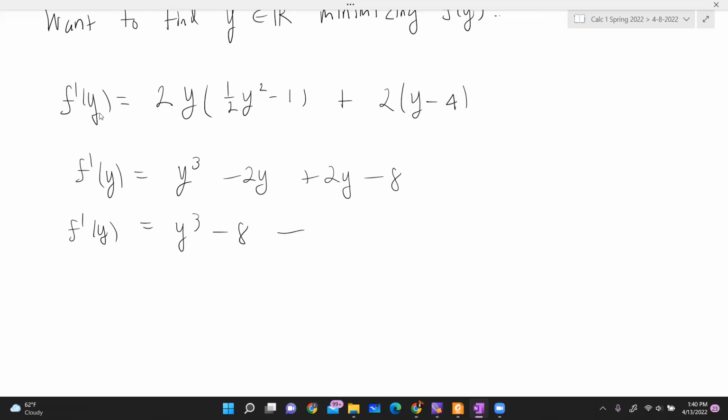It's clear that y equal to 2 is a critical point. First of all, the derivative is defined everywhere, so we're not going to get critical points from points where the derivative is not defined. We can only get a critical point from a point where the derivative is 0. So we have a critical point at y equals 0.